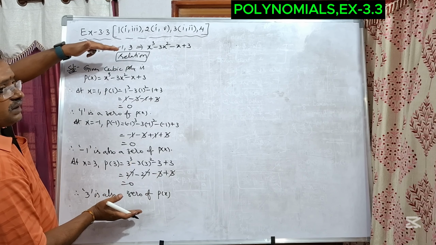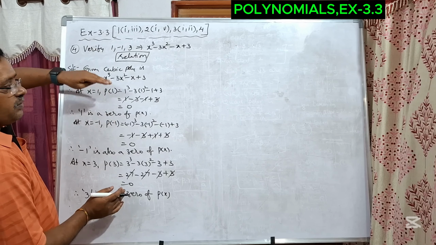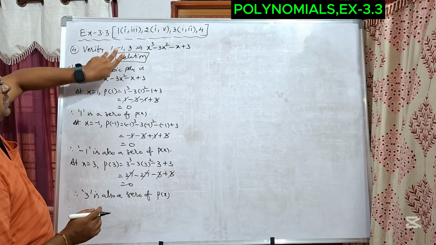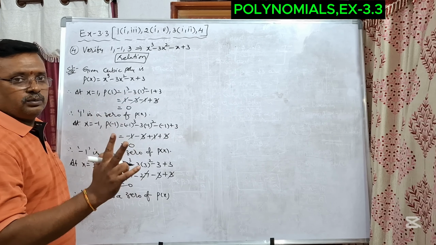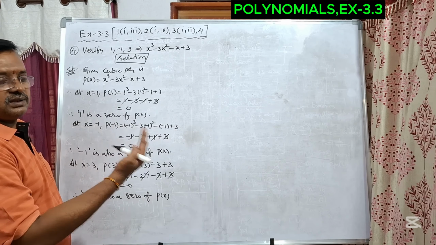So first part of the problem completed. For this verification of the three numbers as zeros of the given cubic polynomial, you will get 2 marks approximately. Okay. Now check the relation.